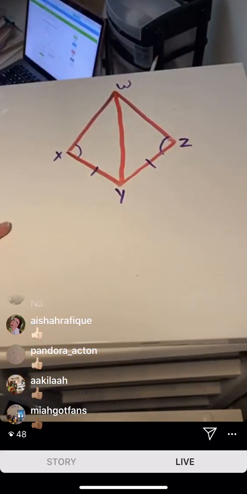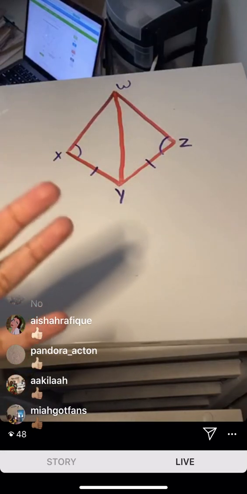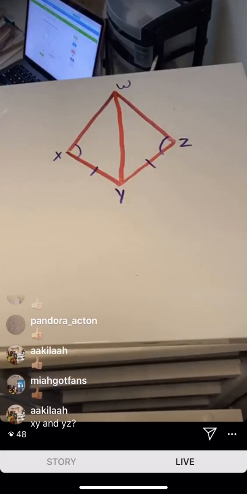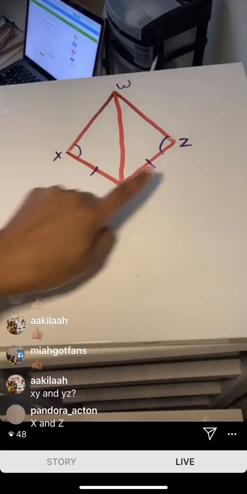All right, let's start off first by naming in the comments what's congruent. We need to look for 3 things that are congruent. XY and YZ.